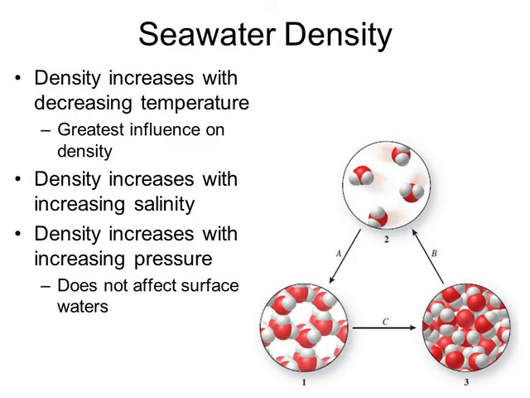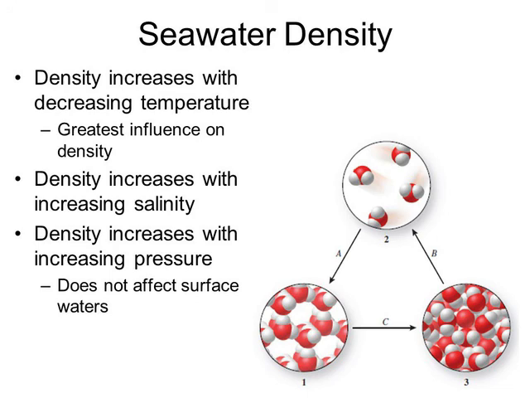And so seawater density will change depending on what's going on. If you decrease your temperature, you will increase your density. That's much like what we were talking about earlier, where as water temperature decreases to 4 degrees C, you're increasing the density because you're moving those water molecules closer and closer to each other.